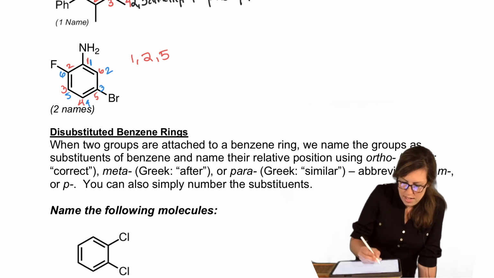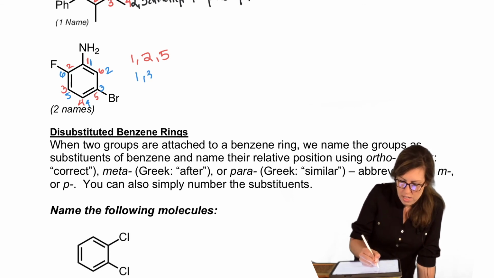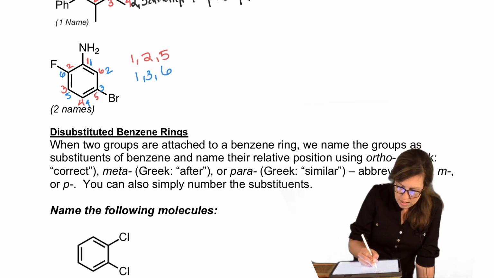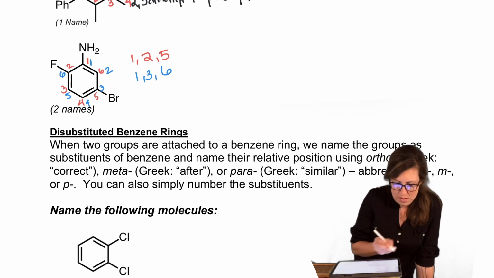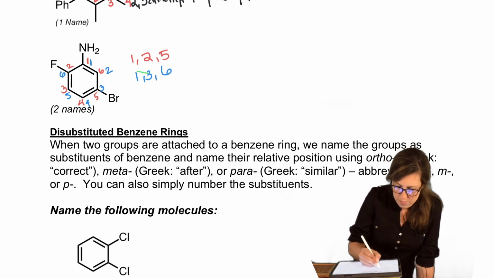My blue path would give me a 1, 3, 6 substituent pattern. Who wins? I hope you got it: red. The smaller numbers are going to win, so 1, 2, 5. I'm going to get rid of this one, and we're going to go this route.